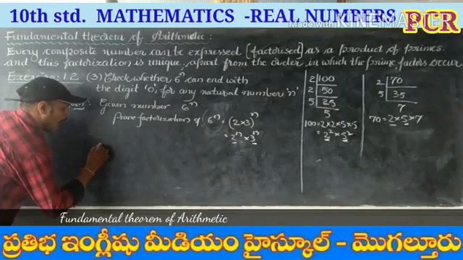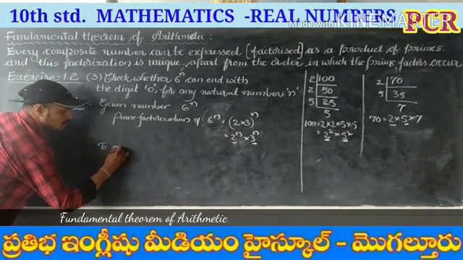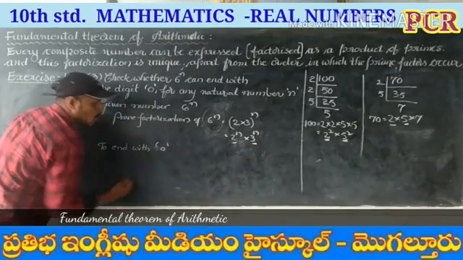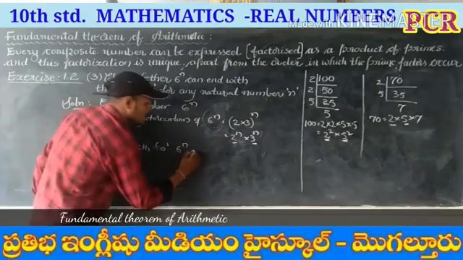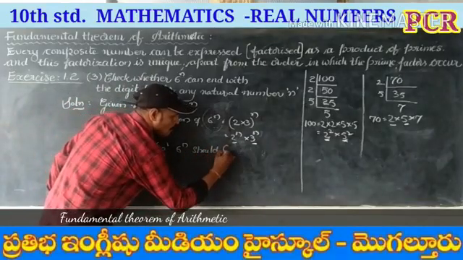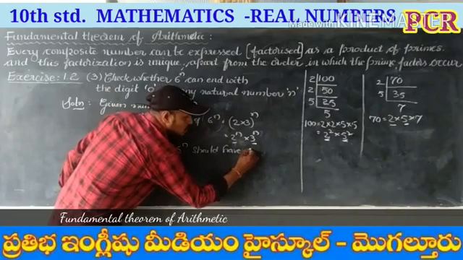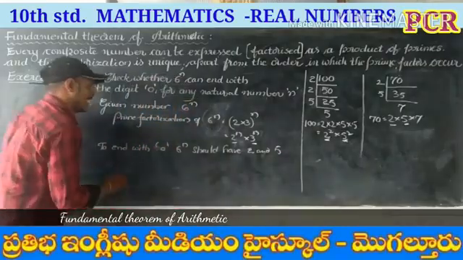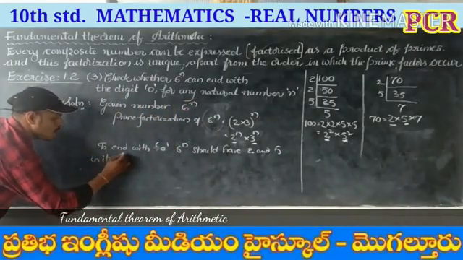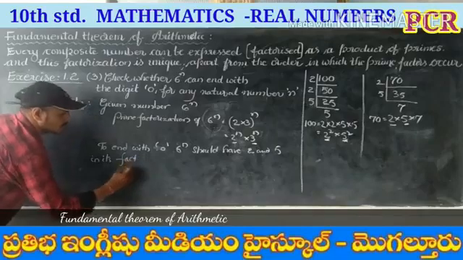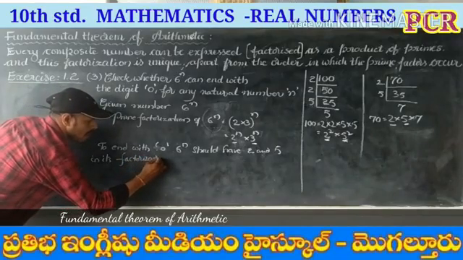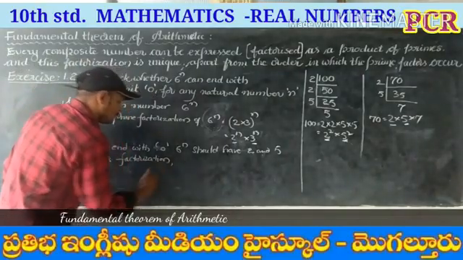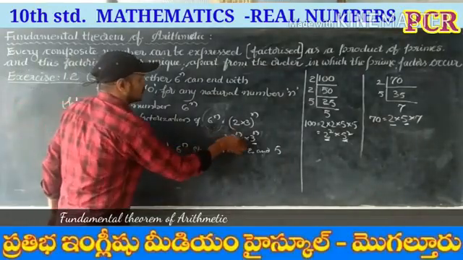So to end with 0, 6 power n should have 2 and 5 in its prime factorization, but there is no 5.